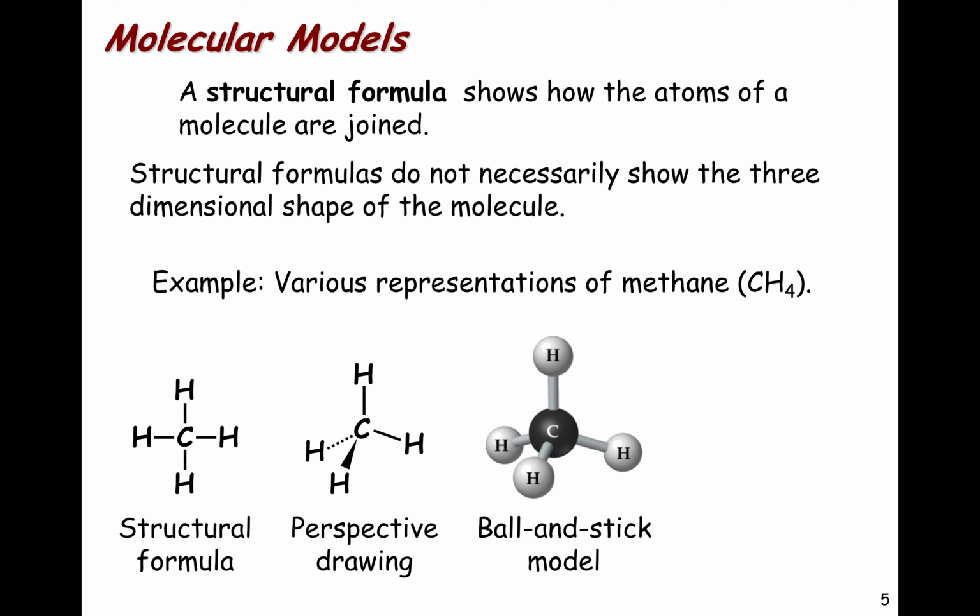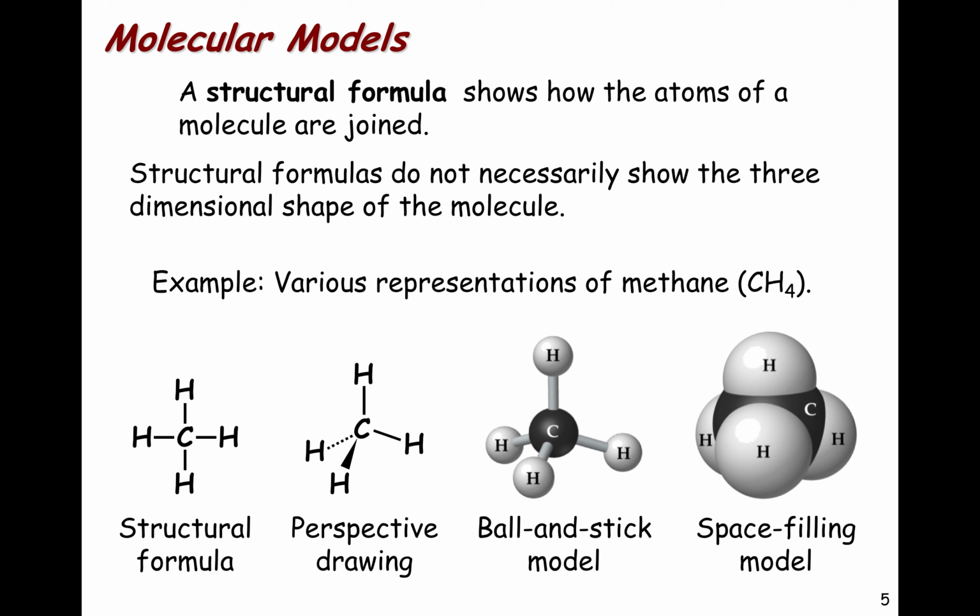We sometimes can write the structural formula as the so-called ball and stick model, which gives us some idea of the relative sizes of the atoms along with how they're attached to one another. And then finally, sometimes we use space-filling models to also give some idea of how big the atoms are with respect to one another.